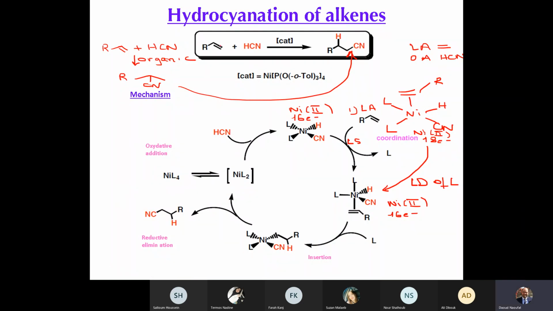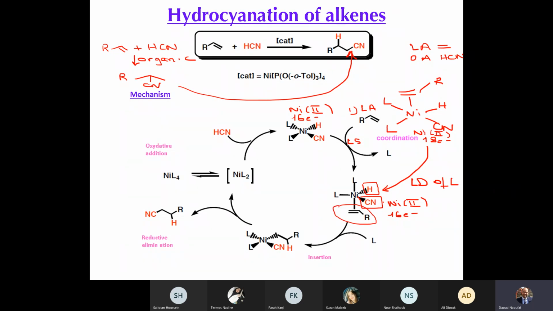We have, therefore, the addition of HCN to break the double bond. And the double bond can be broken only by one possible step, which is the migratory insertion. Do we have a migratory insertion in this case? Yes, we have H minus and we have CN minus, and we have this neutral alkene.